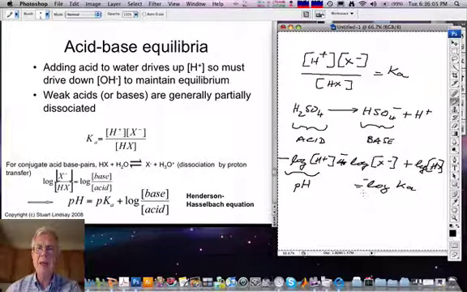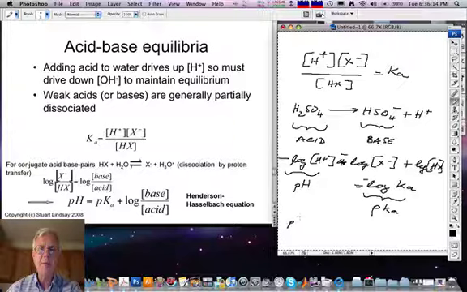This quantity here we will define as the pKa by analogy with pH, we end up with this equation here.